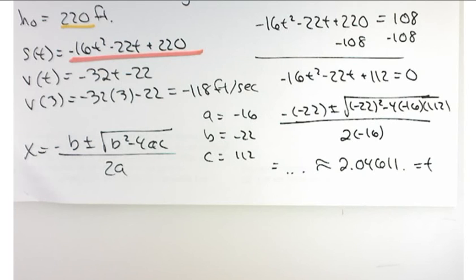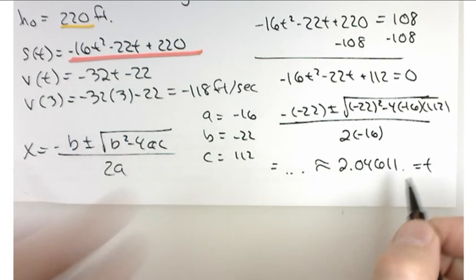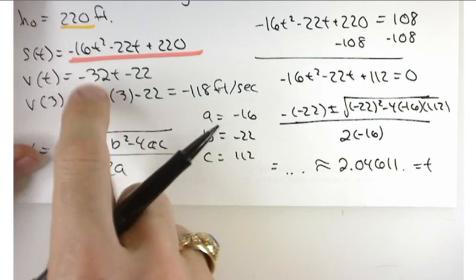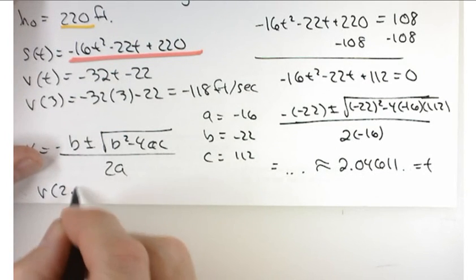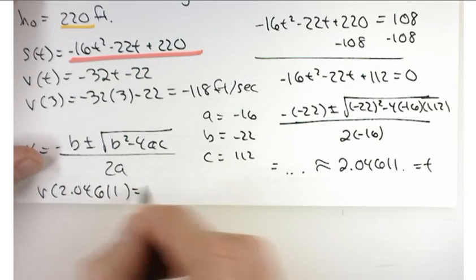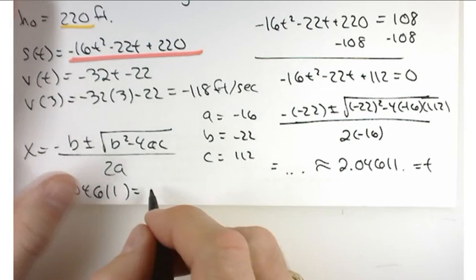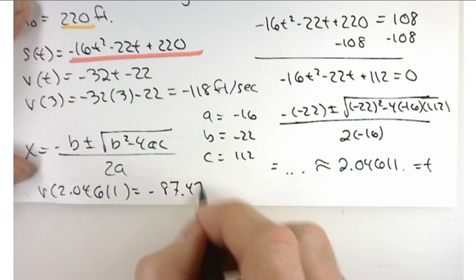So what's the velocity then? How do I find the velocity? You plug it in the velocity function, right? V of 2.046, etc. is going to be about -87.475.